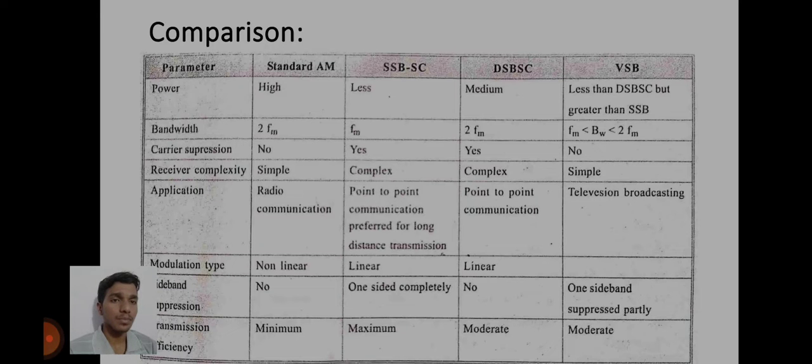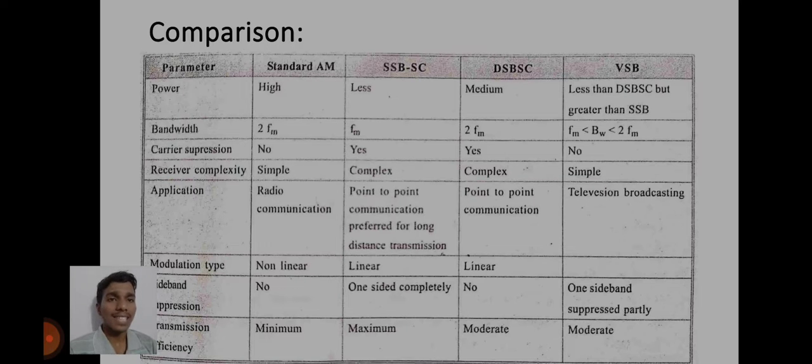In SSBSC only one sideband is transmitted, so its bandwidth is FM, and DSBSC is the same as AM, so its bandwidth is 2 FM. In VSBSC, similar to the power, it lies between FM and 2 FM. Carrier suppression.